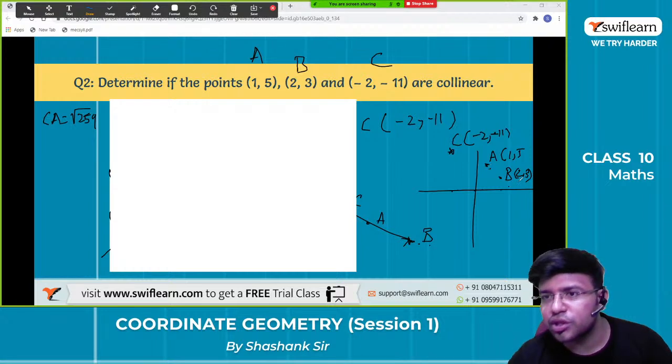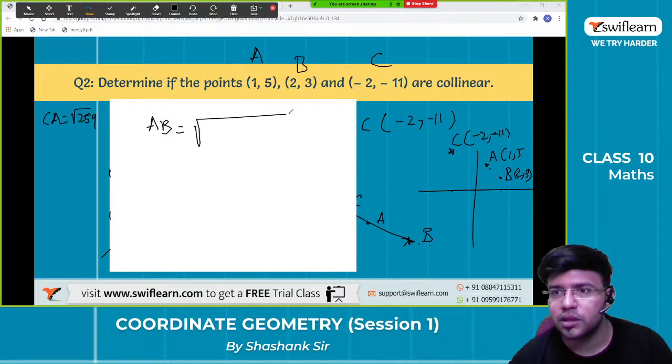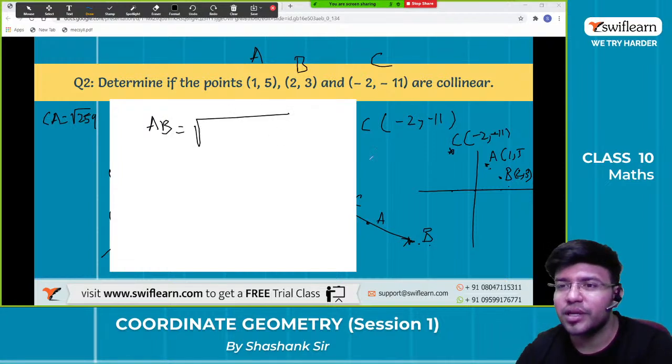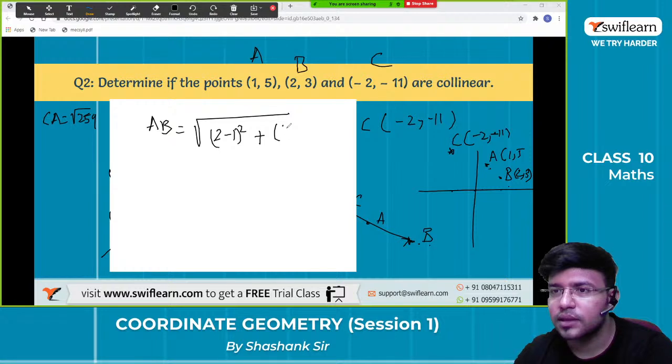Okay, x2 is 2, x1 is 1. AB is equal to 2 minus 1 whole square, x2 minus x1 whole square, plus 3 minus 5 whole square.